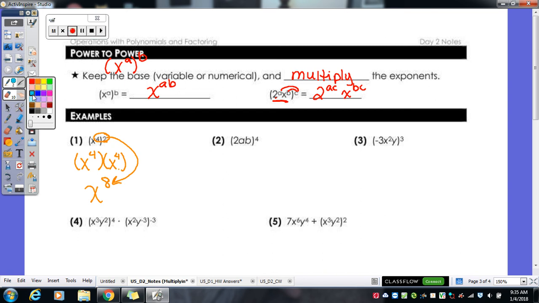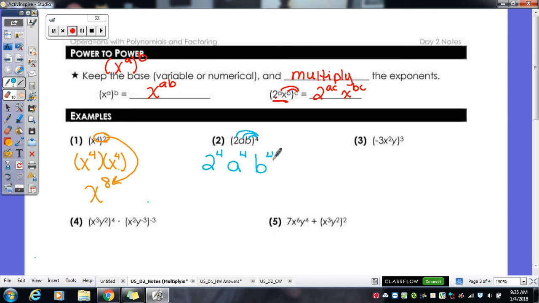So here for number 2, again, this exponent of 4 has to go to all 3 parts of the expression in there. It has to go to the 2, it has to go to the a, and it has to go to the b. The exponent on my 2 currently is a 1, so 1 times 4 makes that 2 to the 4th. The exponent on our a is currently a 1 also, so 1 times 4 makes that 4.